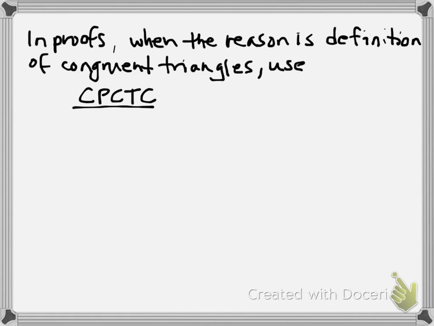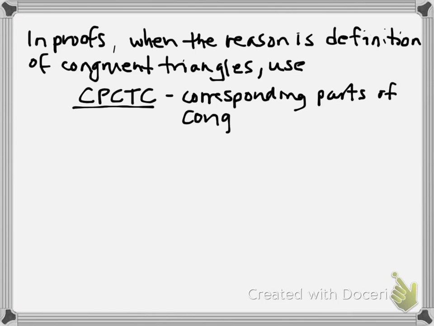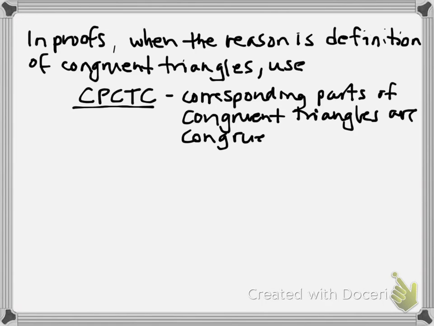CPCTC. That's a vocab word. That is corresponding parts, so there's the C and the P, of congruent triangles, there's the C and the T, are congruent, and that's the last C. So this is a thing that kind of drives me crazy about our book, that it calls it CPCT, and it stops at the T. But in high school, it's CPCTC, because corresponding parts of congruent triangles, you need to go one step further, are congruent.